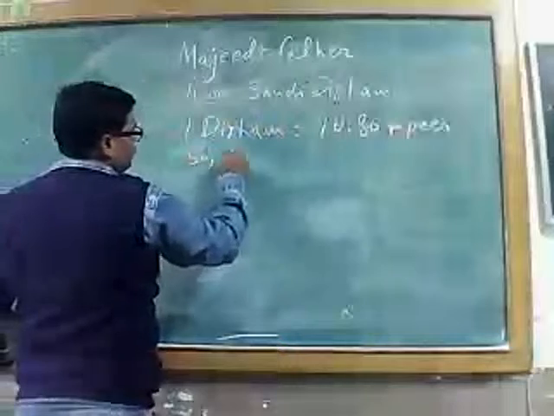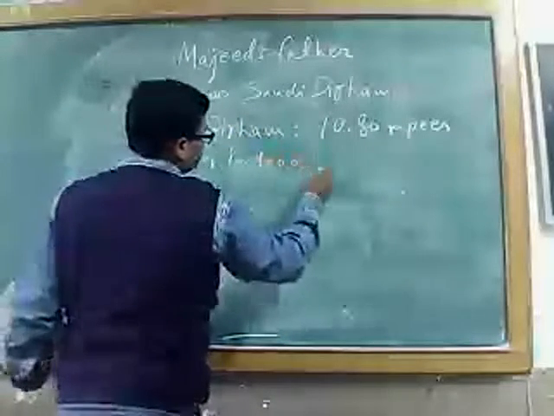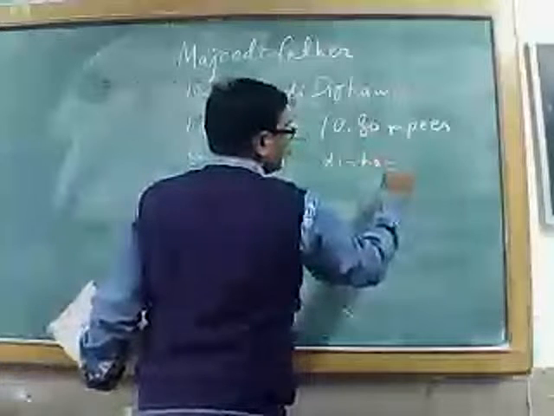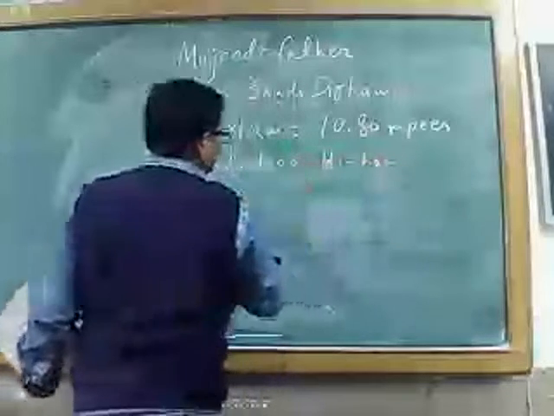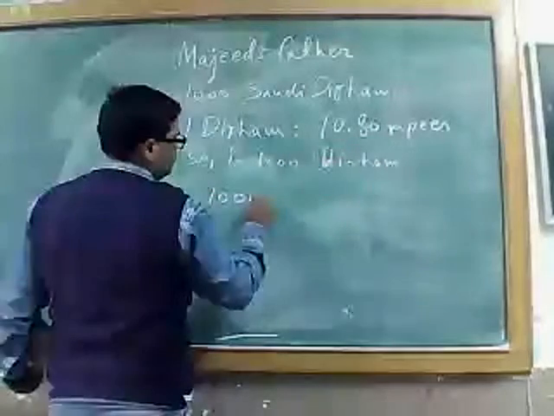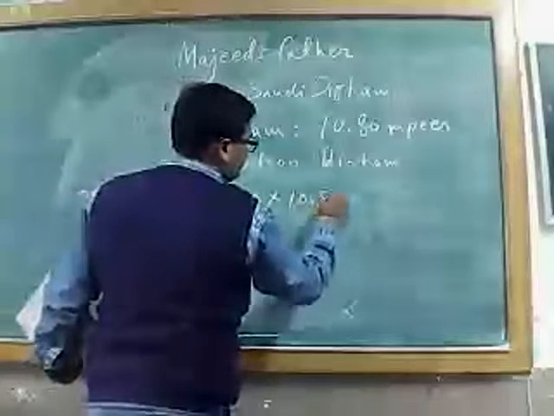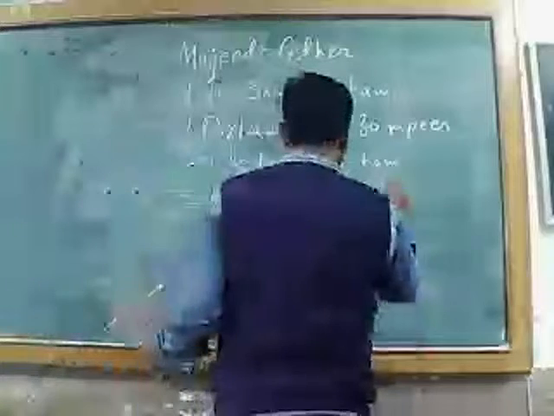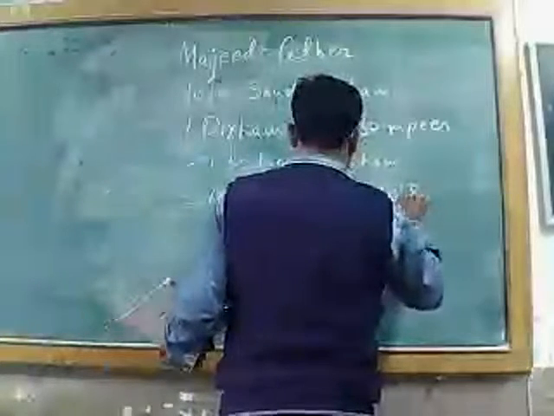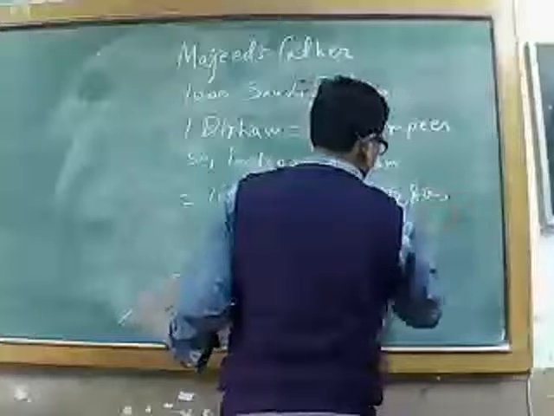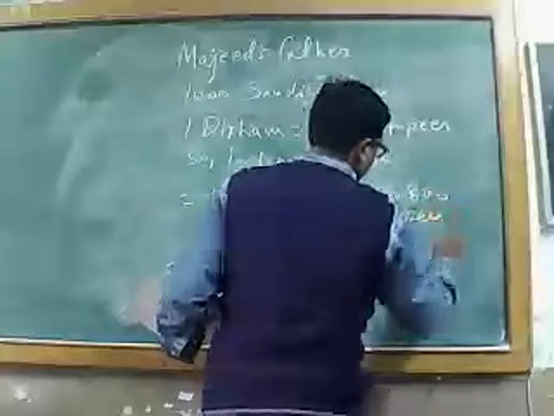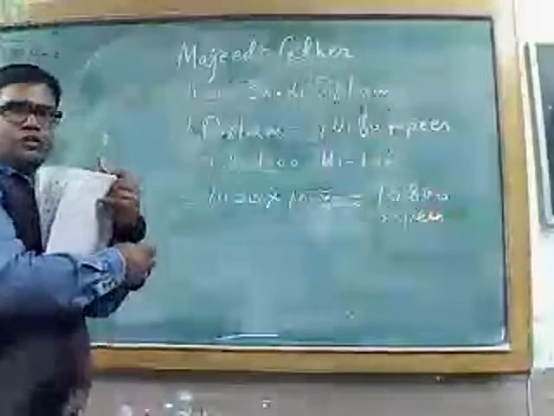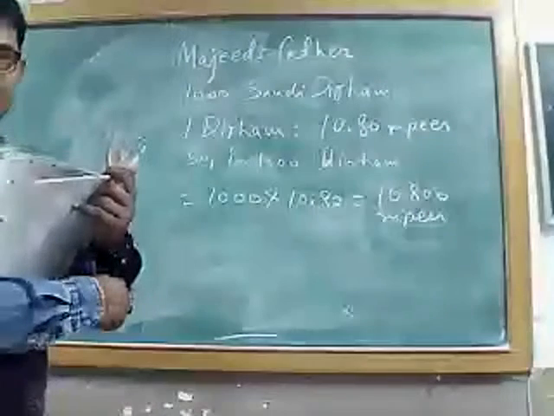So 1000 dirham is equal to 1000 multiplied by 10.80, and you know what will be the answer? The answer will be 10,800 rupees. Okay, the answer will be 10,800 rupees.